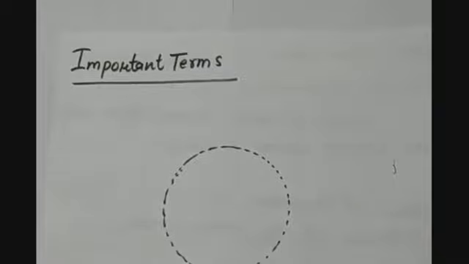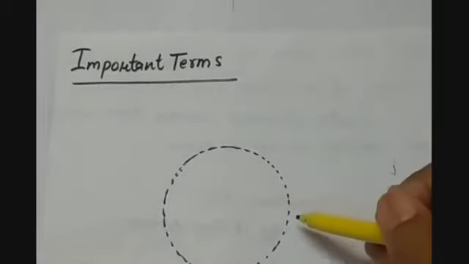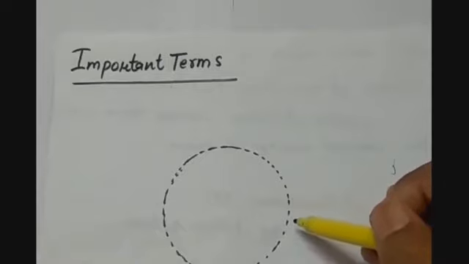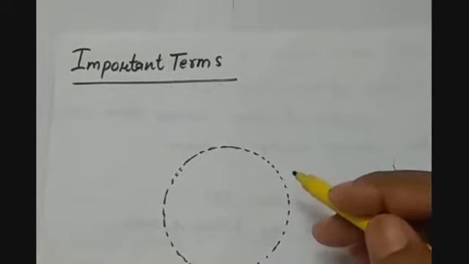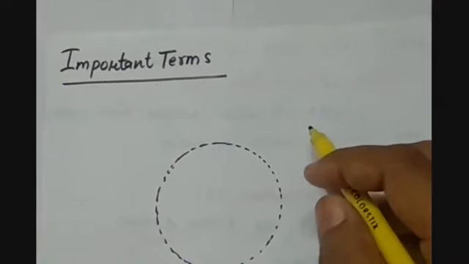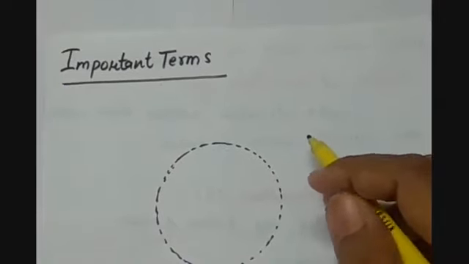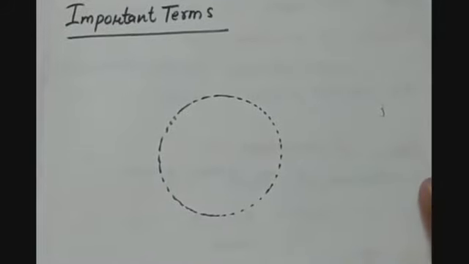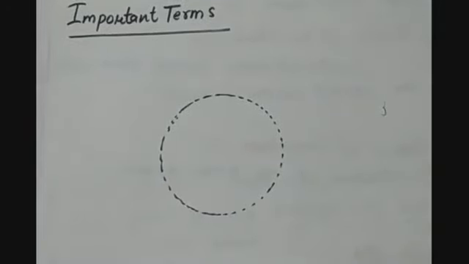Now let us understand some of the important terms while using these spherical mirrors, because we will have to use these terms in the image formation using spherical mirrors. Now let us understand what are the various terms used in case of spherical mirrors.